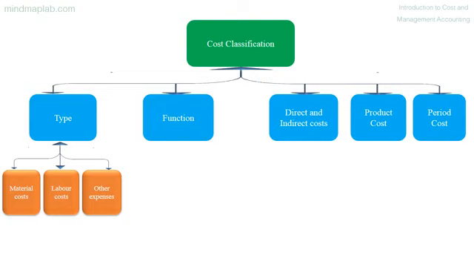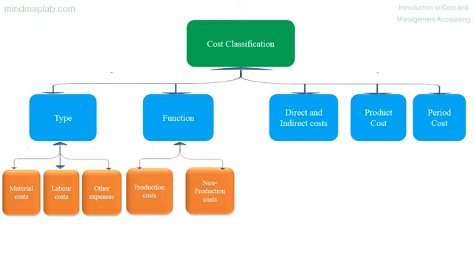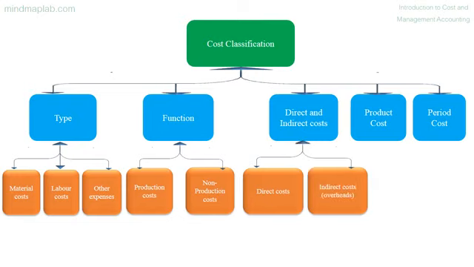Costs are classified by function into production costs and non-production costs. Direct and indirect costs are further classified into direct costs and indirect costs, overheads.